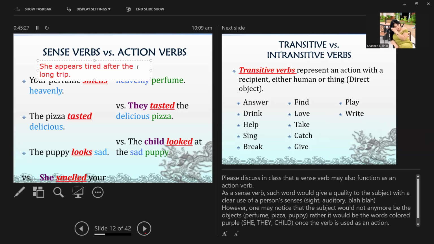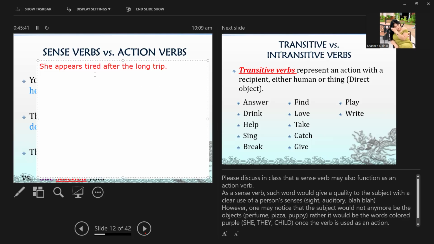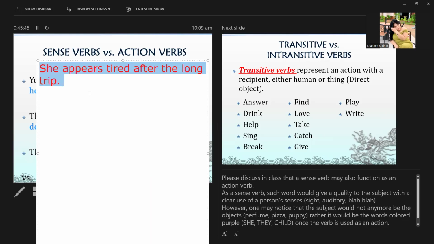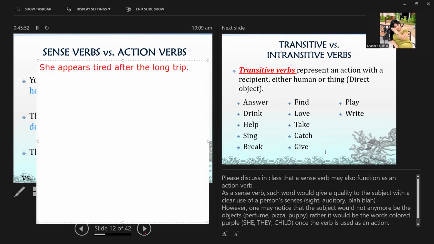So in this sentence, was it used as a sense verb or as an action verb? Okay. What? Tell me. What's your final answer? She appears tired. It talks about appearance, right? So it's a sense verb.